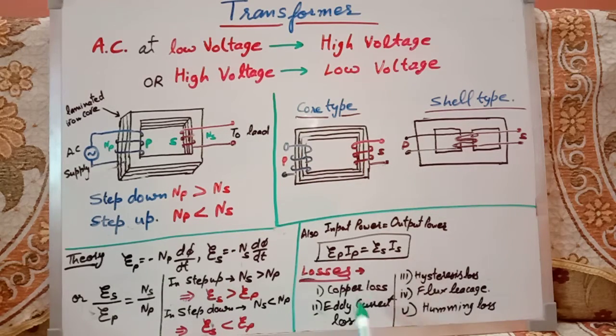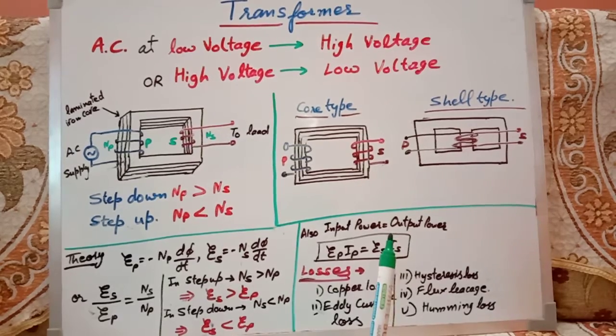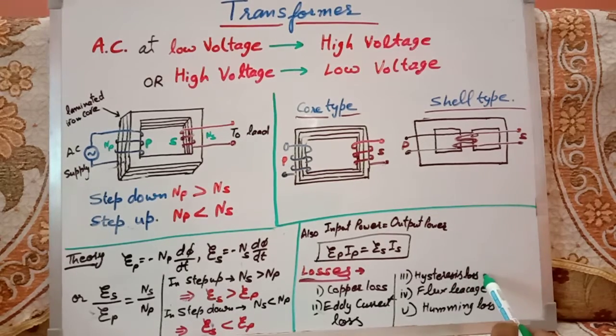Okay, the third loss is hysteresis loss. The alternating current carries the iron core through cycles of magnetization and demagnetization. Due to this magnetization and demagnetization, the hysteresis loss occurs, and this can be minimized by using a soft iron core.